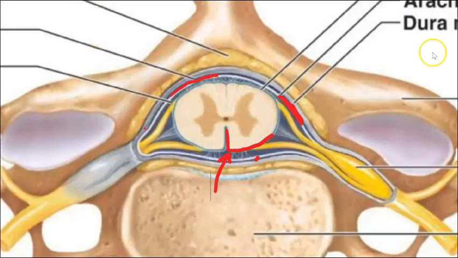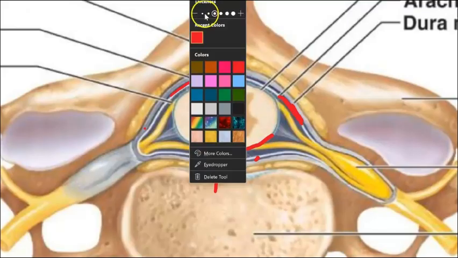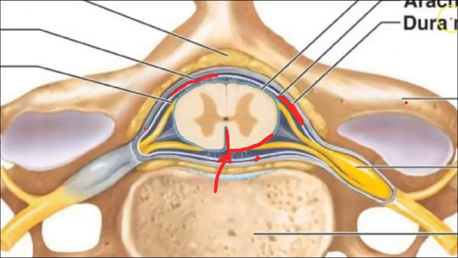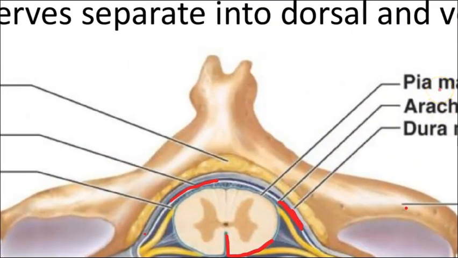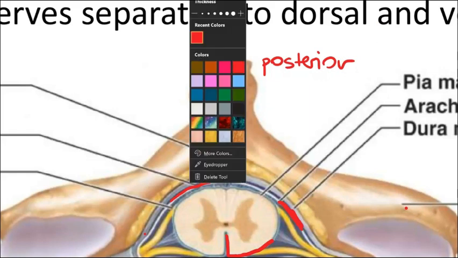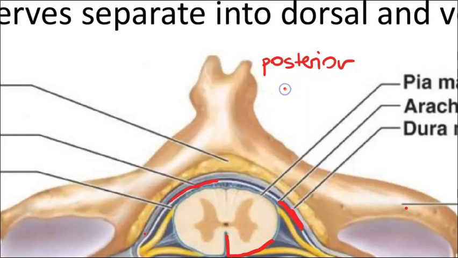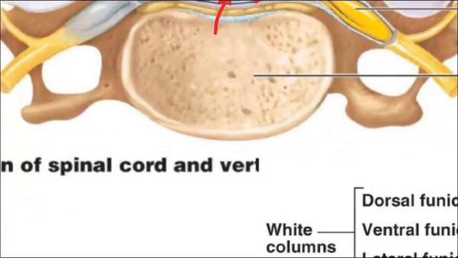Now, what about these nerve structures that get out of the spinal cord? So, remember, this is the posterior aspect. Okay. And this is the anterior aspect.